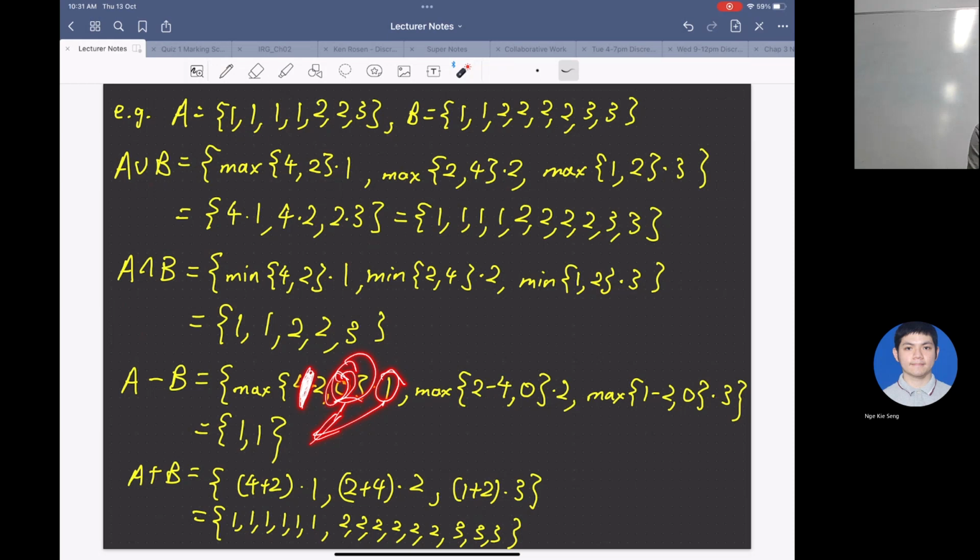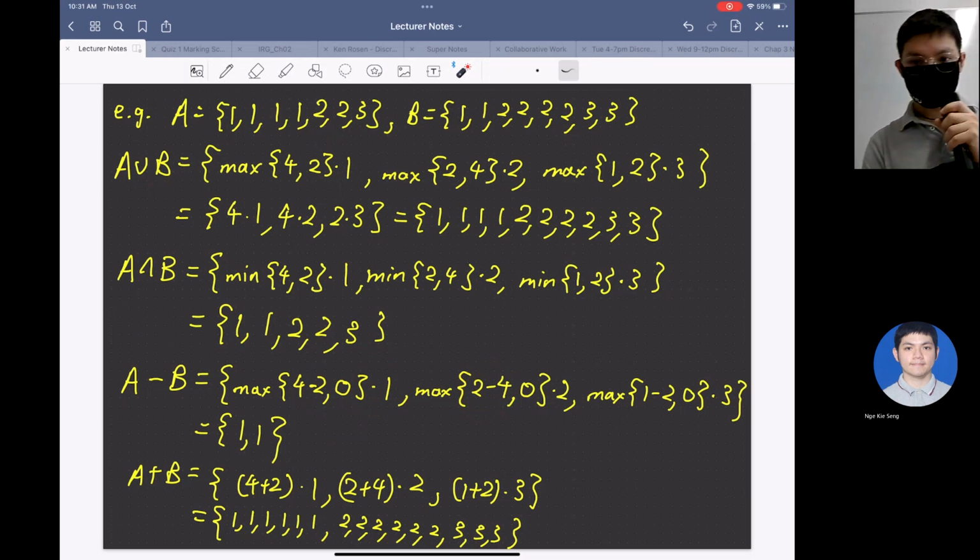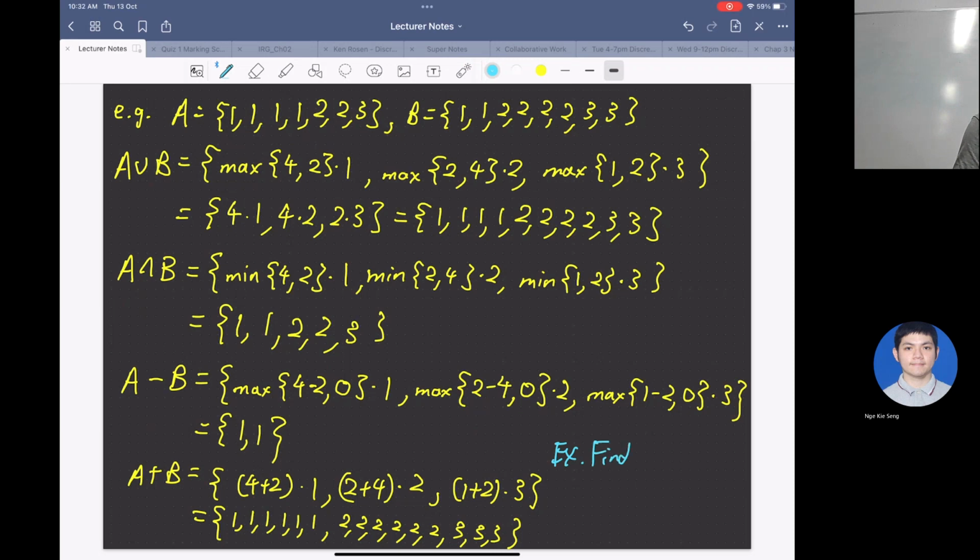So 0 is just there to remove the negative answer. And okay, so you can try to do an exercise. Try to find B minus A. And then you'll see that B minus A and A minus B are different.